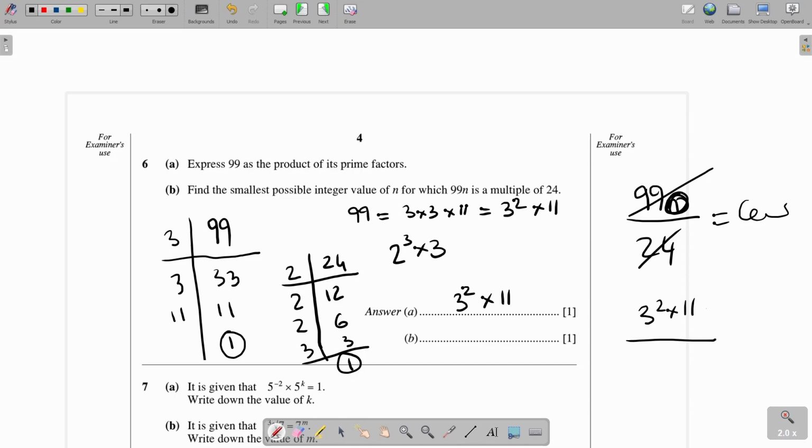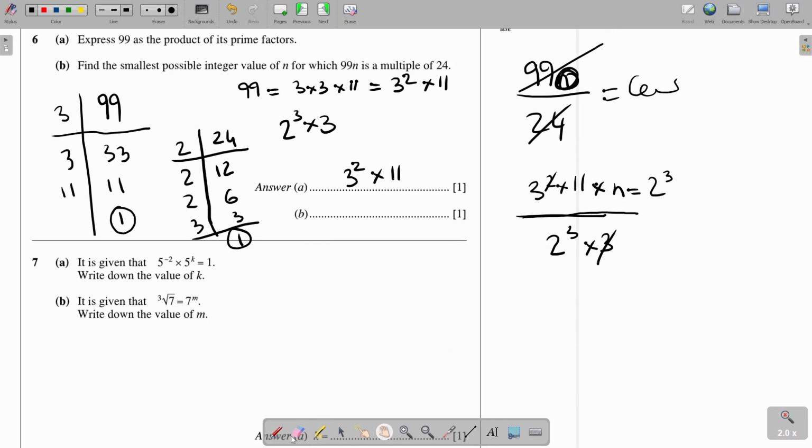So we have 3 to the power of 2 multiplied by 11 multiplied by n, divided by 2 to the power of 3 times 3. So the 3 can actually be divided, but we still have in the denominator a 2 to the power of 3. So n quite possibly needs to be 2 to the power of 3 so that the division works.